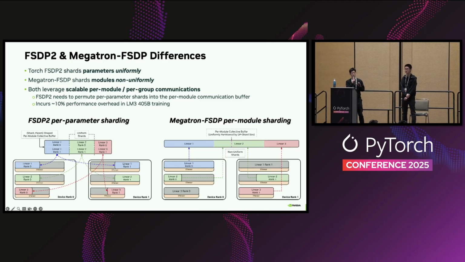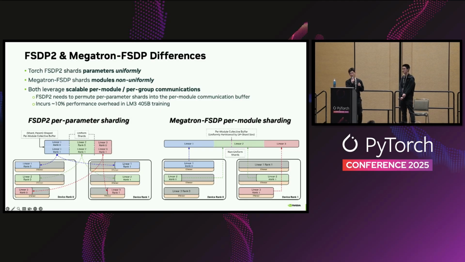However, their sharding structures are not the same. The bottom left figure shows how FSDP2 does the sharding, and basically it's per-parameter sharding. This toy example shows 3 parameters, in different colors, and we shard them into 2 different GPUs. It basically shards each individual parameter uniformly across the 2 GPUs.